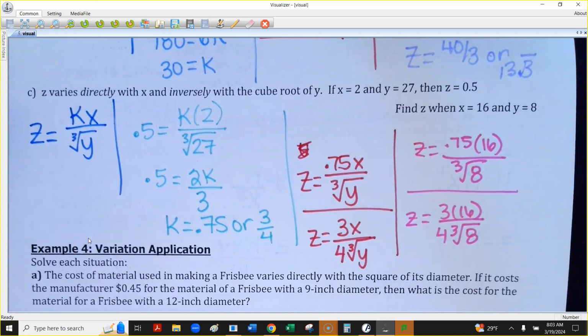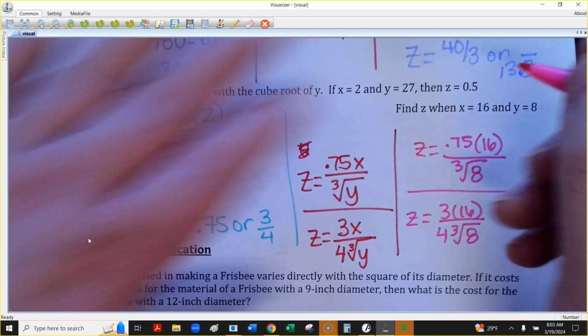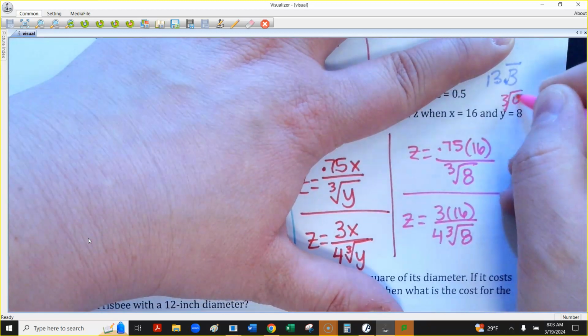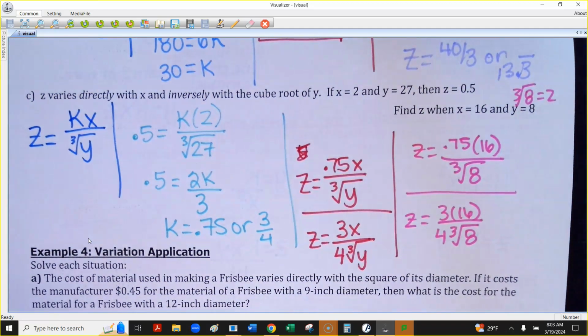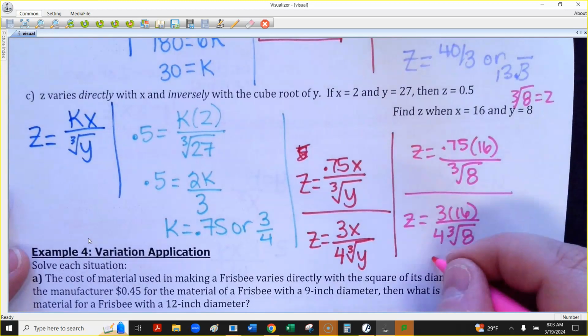Nice number? 2. Okay, so either way, cube root of 8 is equal to 2. If I do the top one, I'm going to get 12 divided by 2, which is 6. If I do the other one, I would do 3 times 16 on the top and then divided by 4 times 2 on the bottom. You should get the same answer either way. This should be 6.